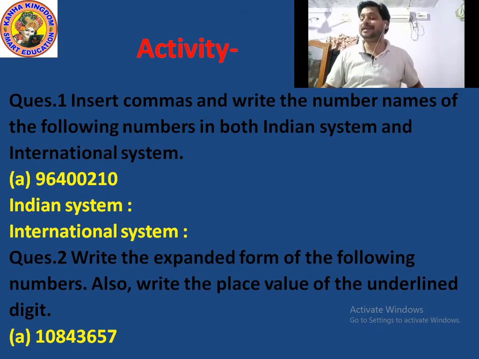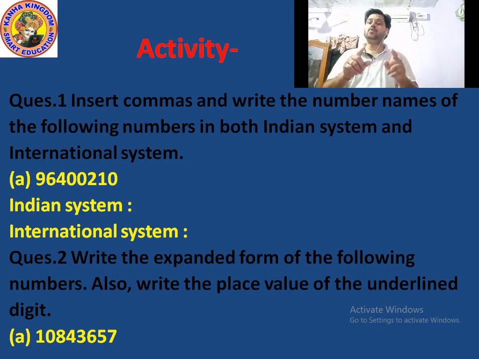On the right hand side 3 place values, 1 2 3, then comma. After this 2 place values, 4 5, then comma. And after this again 2 place values, 6 7, comma. After this only 1 place value, because in this number there are only 8 digits.